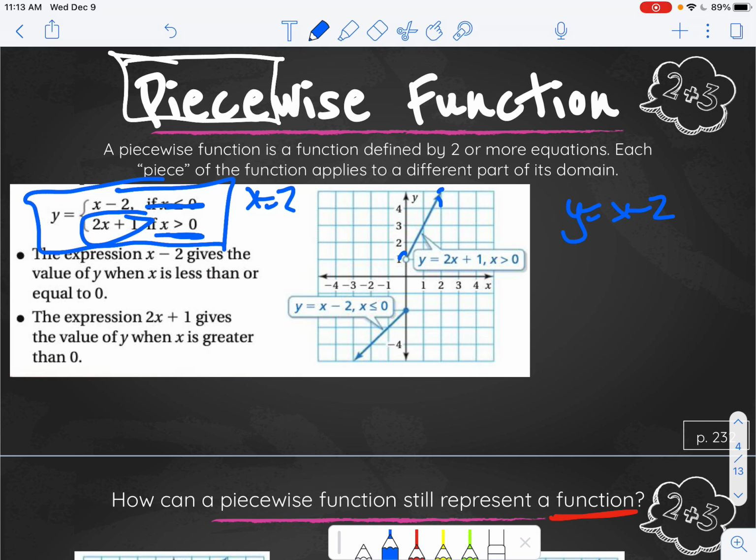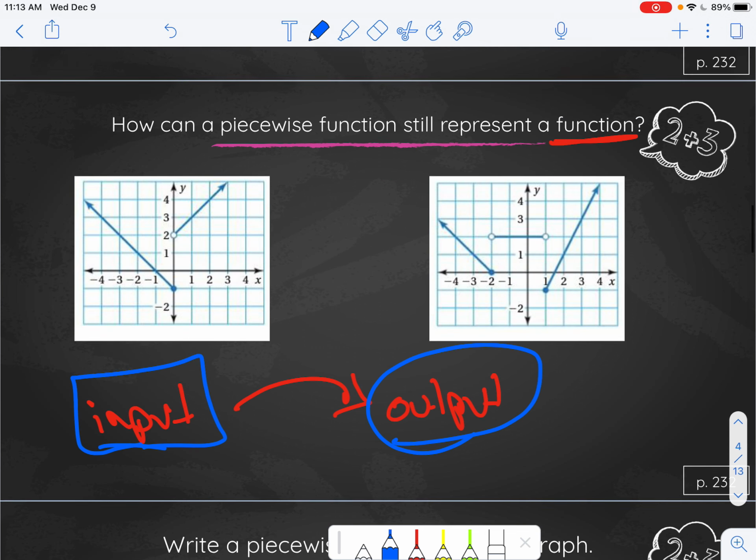If we look at our graph, since this is open at 0, 1, we do not use this line. And since this is filled, we have an input at 0, 0. At 1, 0, we use up here. At 2, 0. And in the negative, we use this bottom line.